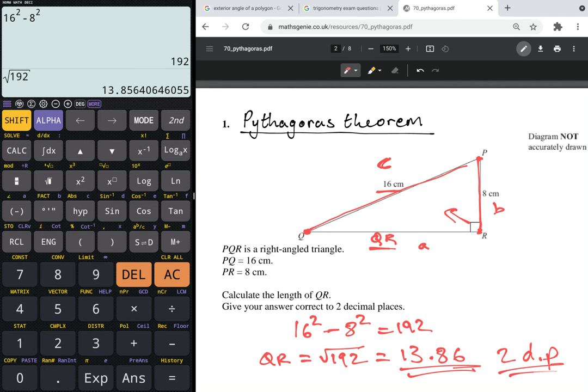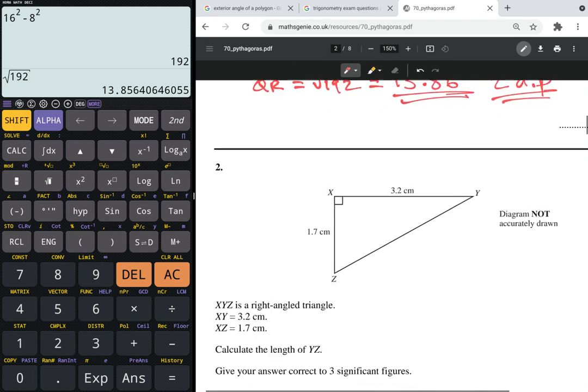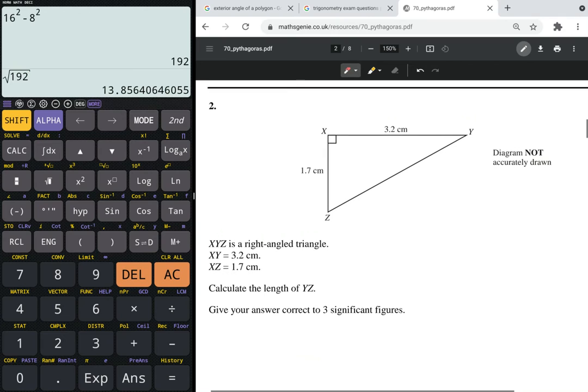Okay, let's try another question. Here, first thing you do, label the sides, find out where the long side is. Opposite the right angle is your long side, C, and as you can see, it's missing. So I need to work it out: calculate the length of YZ.